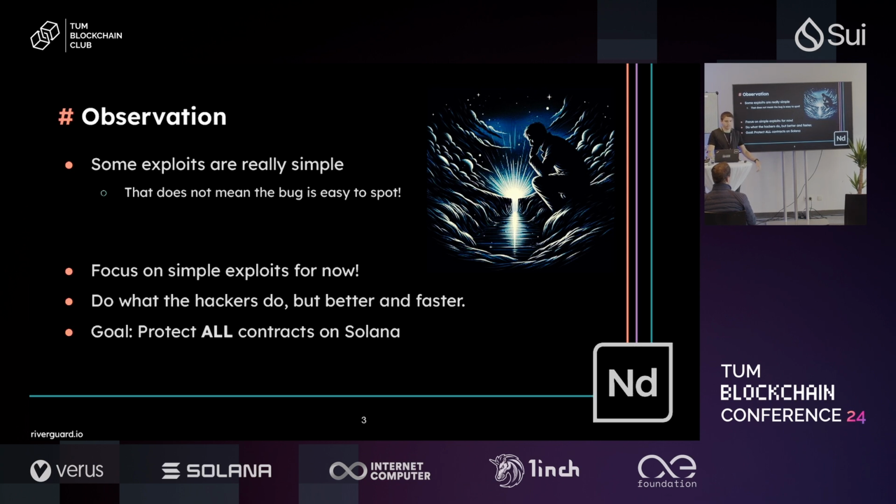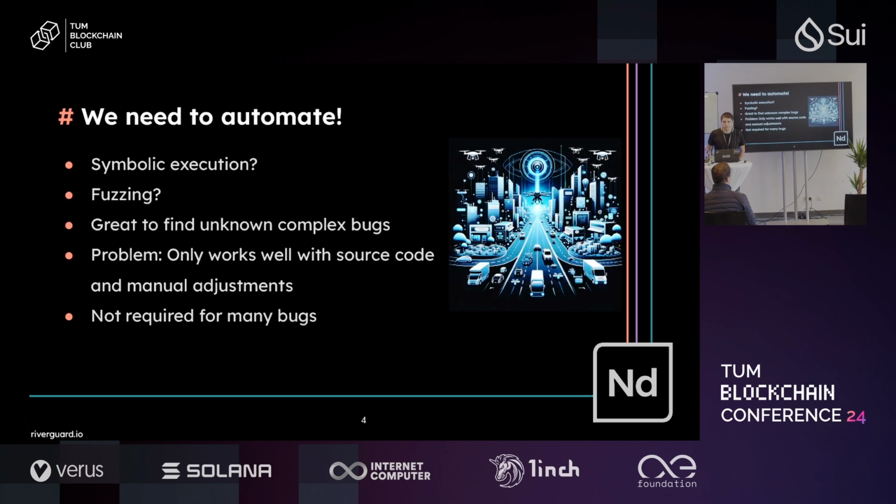But how to do this? We had some first ideas to go with a symbolic execution environment, where we put the contracts in a digital Solana VM and try to mutate it or do things with it, or we tried to fuzz these contracts.